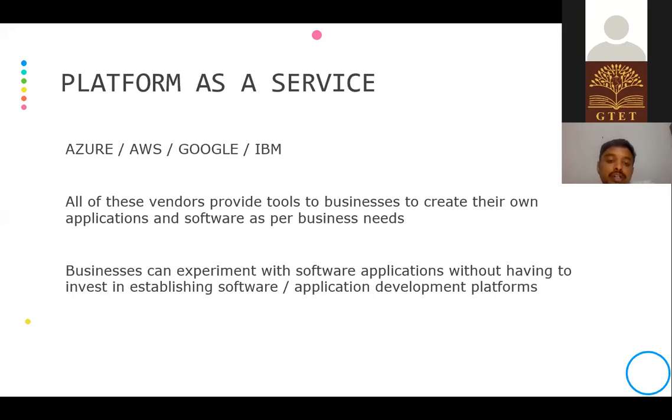Instead of investing in a physical data center, you can invest in a software application to understand this behavior in a matter of minutes using the cloud platform, right?